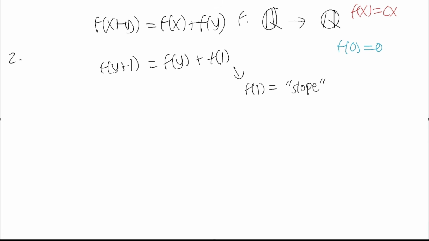And that makes sense because we're looking at linear functions as our only solution. Because f(1) is our slope, it makes sense to give it a special value, let's say c. Then we know that f(y + 1) = f(y) + c. So every single time we increase by 1, we increase the output by c.